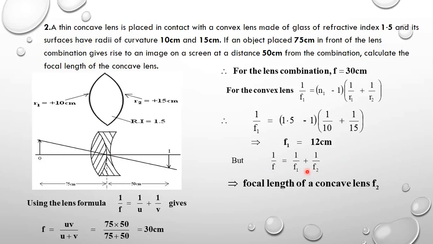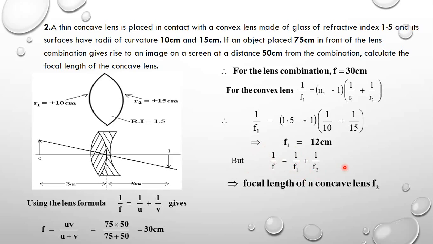From this equation, make F2 the subject. But we need to make this the subject, so it is better for you to first take this to this side. We shall have 1 over F2 is going to be 1 over F minus 1 over F1. Then after that we shall get the LCM as F1, F, and then we shall have F1 minus F.